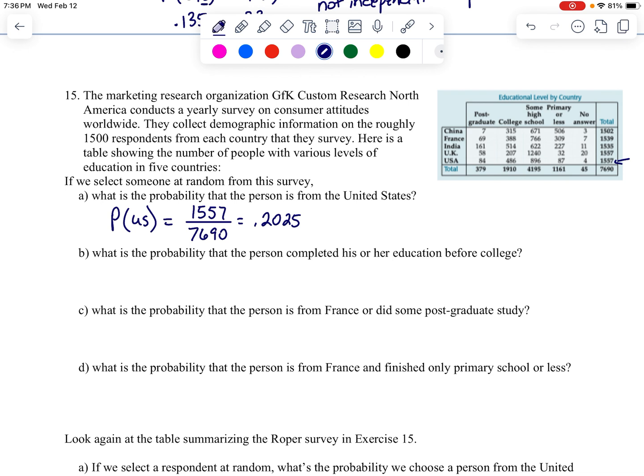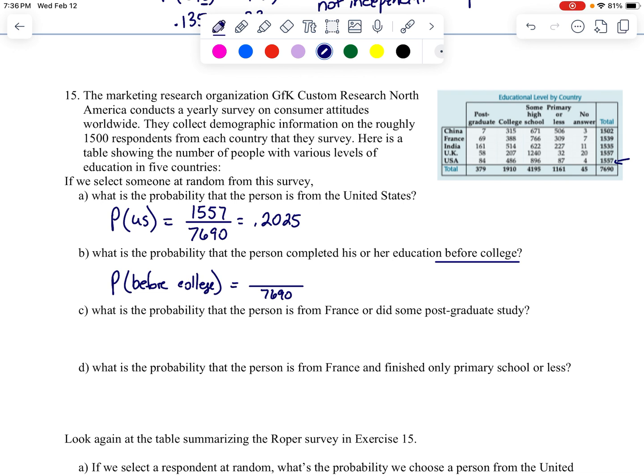Anyway, what is the probability that person completed his or her education before college? So again, we are talking about before college, because this is a table, obviously, from everyone surveyed. So my table total, again, is going to be my bottom number. And we want before college.